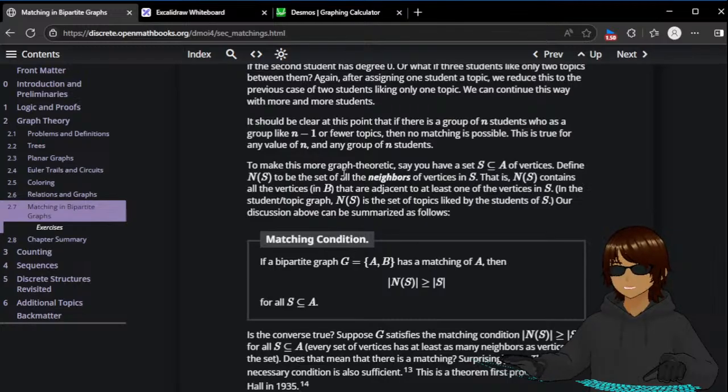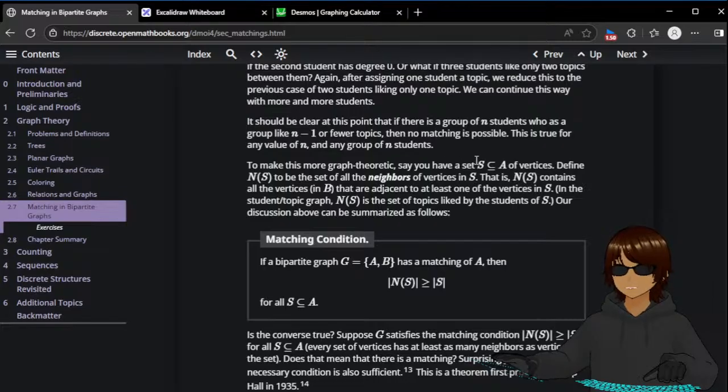Define N(S) to be the set of all the neighbors of vertices in S.